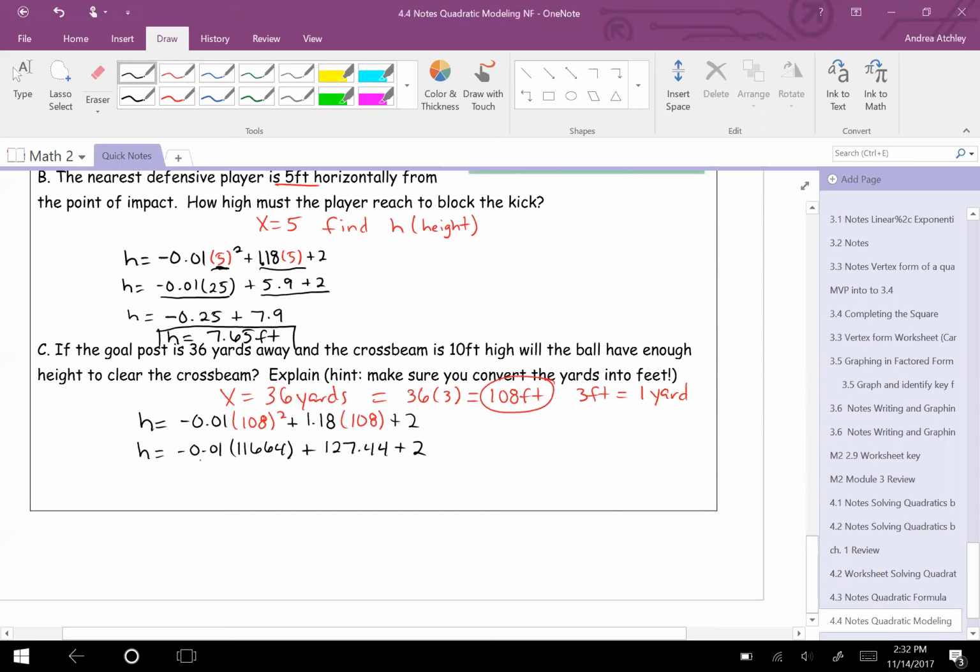Okay, I'm going to multiply these together, and I'm going to get negative 116.64 plus, I'm going to combine these two and get 129.44. So my height is 12.8 feet.